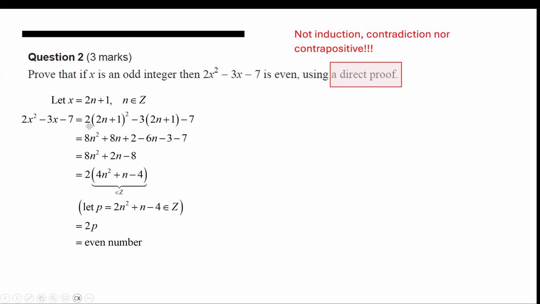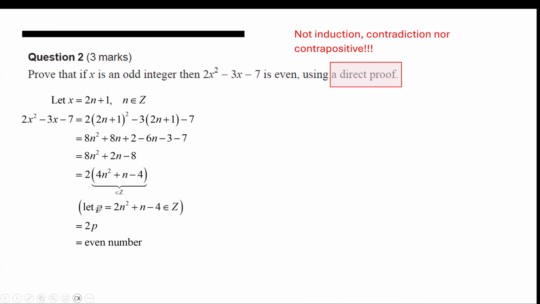And you expand the first line to get 8n squared plus 8n plus 2. So make sure you use your perfect square correctly. And then expand the negative sign into the 2 terms and then collect minus 7 to the n. Finally, you'll be able to get 8n squared plus 2n minus 8. So to make your proof clear, you need to take out a common factor 2 because your target is to show this is an even number, a multiple of 2.